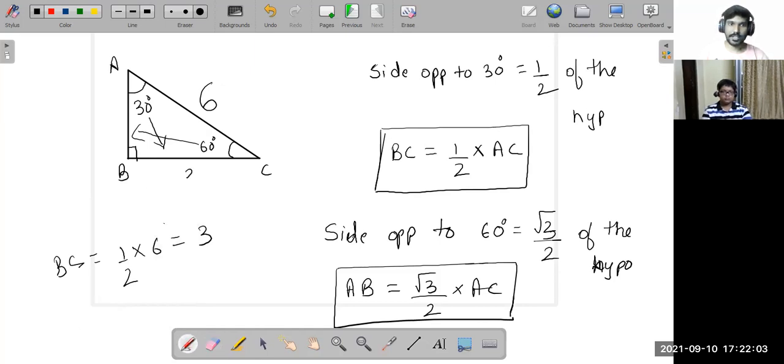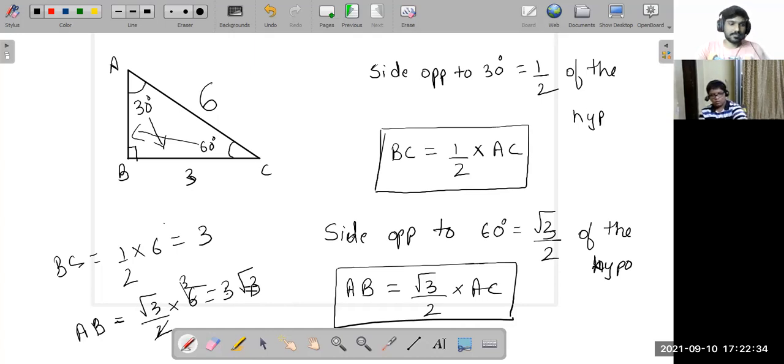And the side opposite to 60 degrees, that is AB, will be root 3 upon 2 times your hypotenuse 6. So 2 3s are 6. This becomes 3 root 3. Did you understand? Yes, sure.